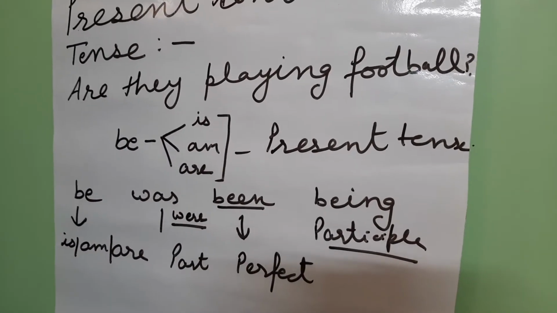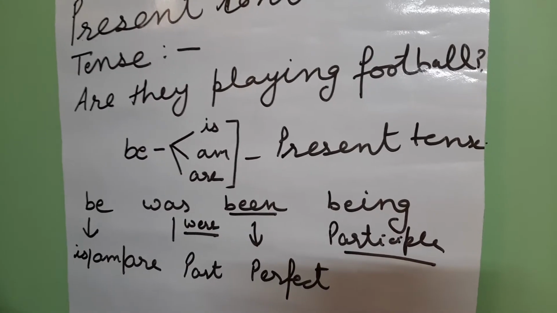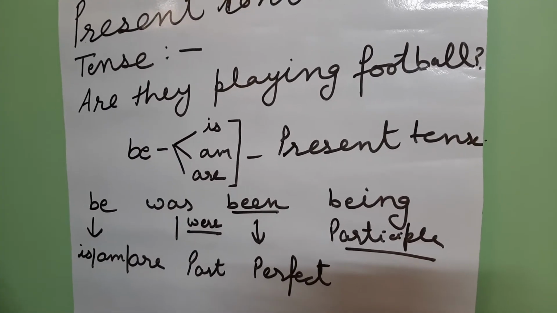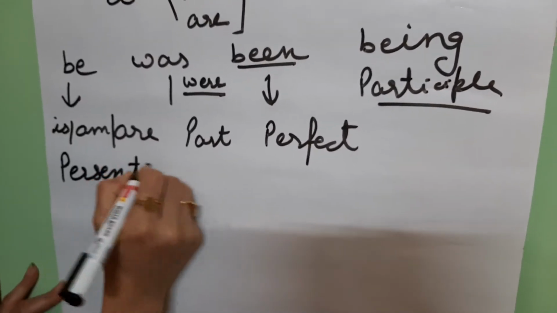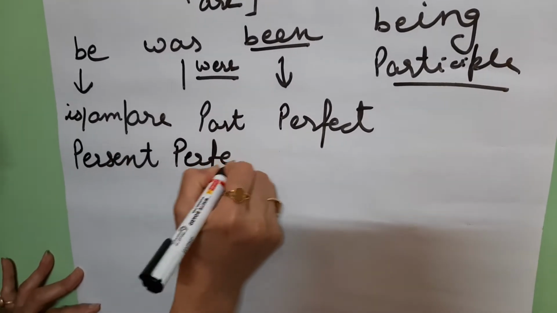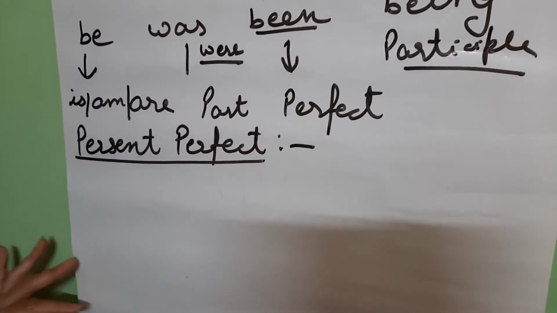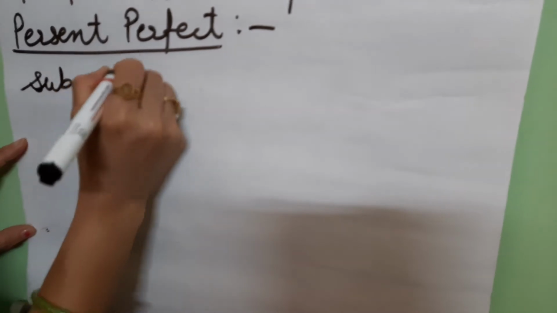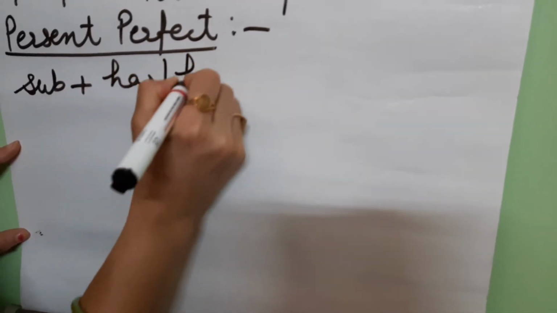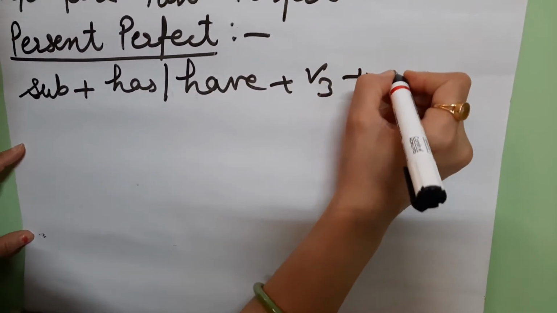Okay beta. Next we are going to do the tense present perfect. First I will tell you the formation of this tense: subject plus has/have plus V3 plus object.